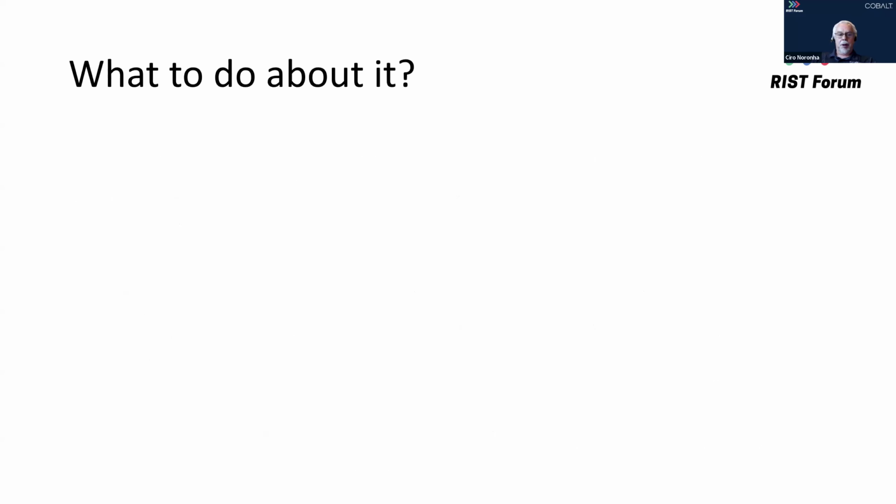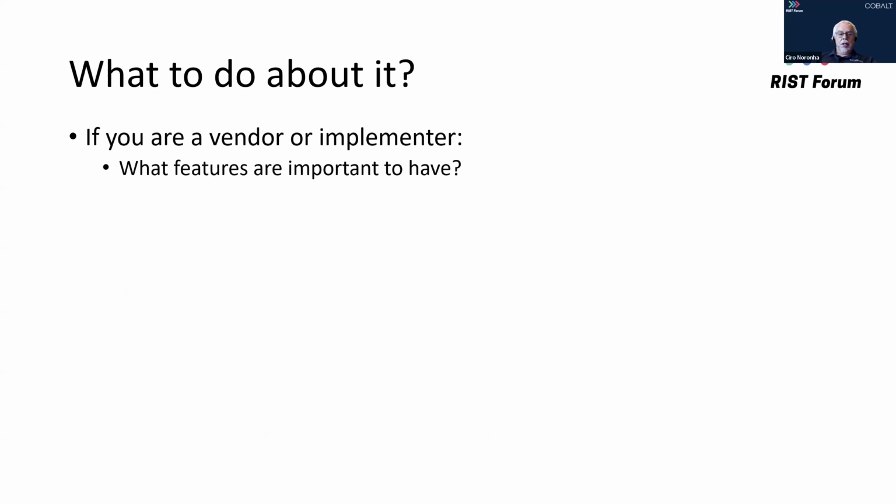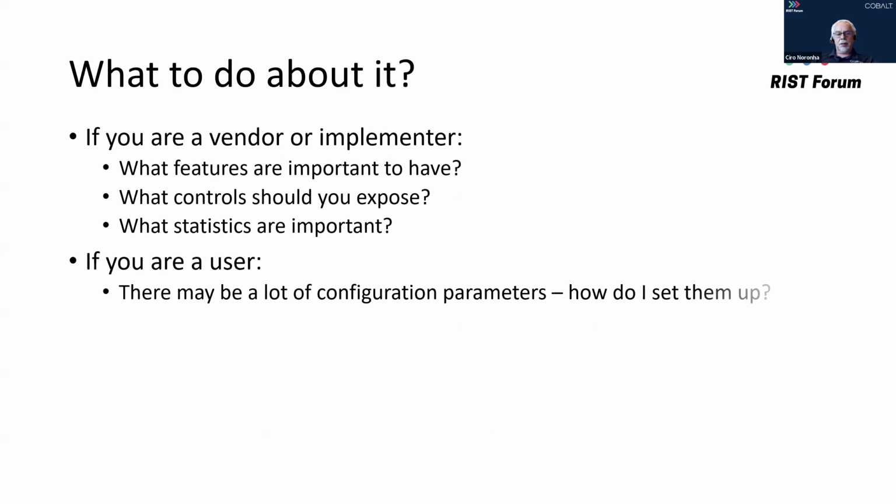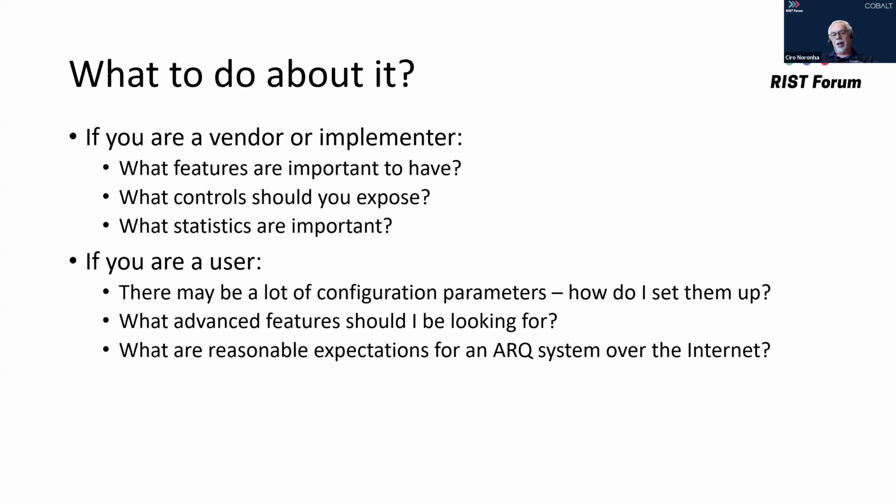So what do we do about that? If you're a vendor or implementer, if you're making that kind of stuff, what features are important for you to have? What controls should you expose? What statistics are important? If you're a user, there may be a lot of configuration parameters.